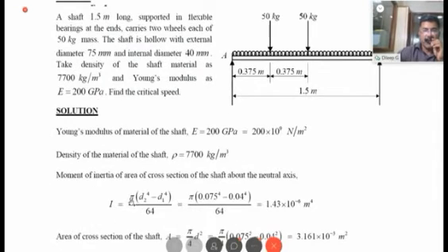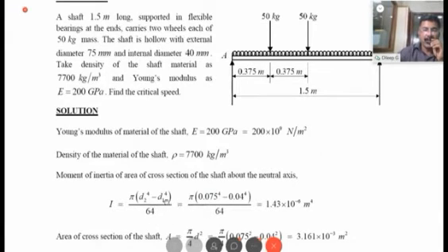I, you can find out as pi into d2 raised to 4 minus d1 raised to 4, the whole divided by 64, because this is a hollow shaft. For a solid shaft it would have been pi d raised to 4 by 64. Since it is a hollow shaft, it becomes pi into d2 raised to 4 minus d1 raised to 4, the whole divided by 64.